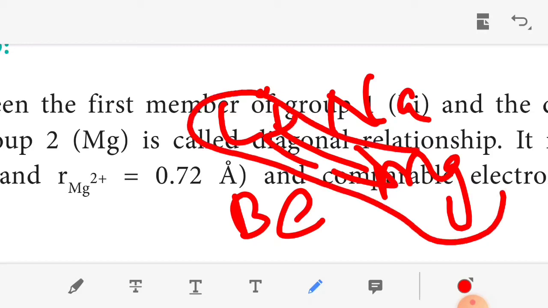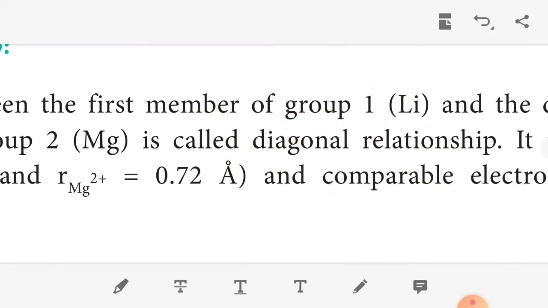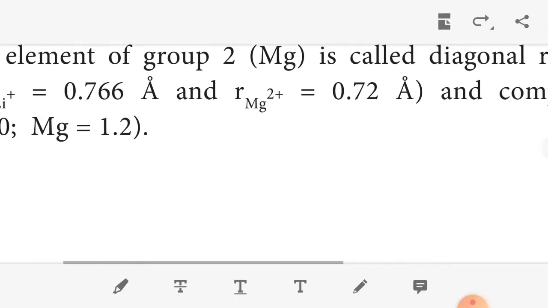It is due to the similar size, lithium 0.766 angstrom, magnesium 0.72 angstrom, and comparable electronegativity values, lithium 1.0, magnesium 1.2.